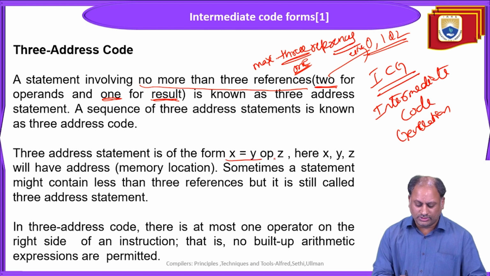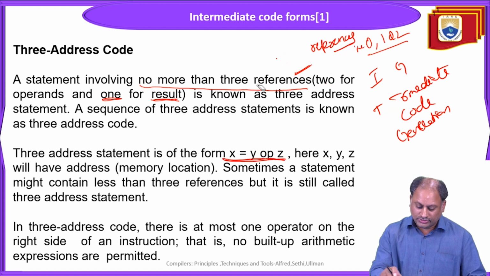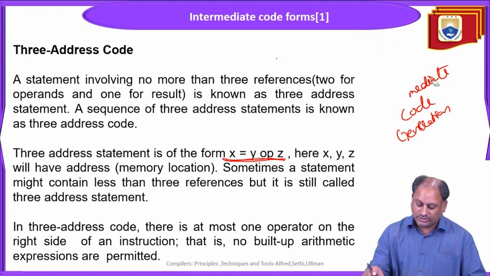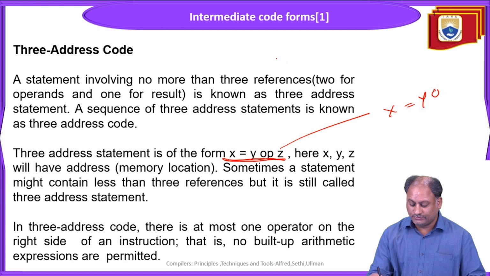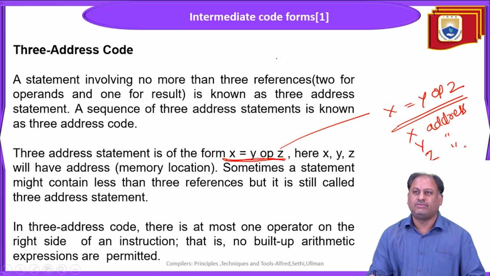For example, if you see this computation, x equal to y op z. In this computation, x is one address reference, y is one more address reference, and z is one more address reference.